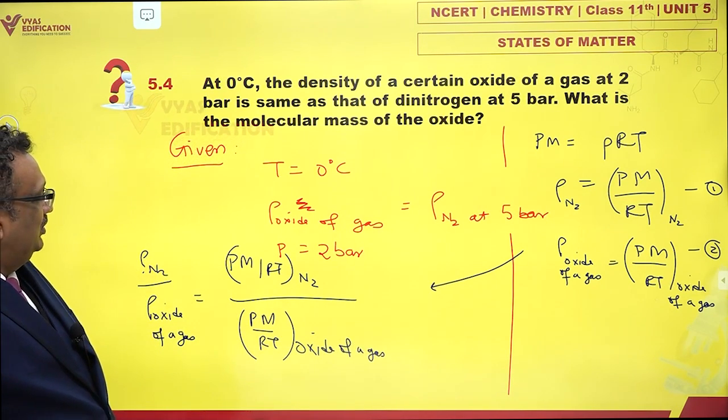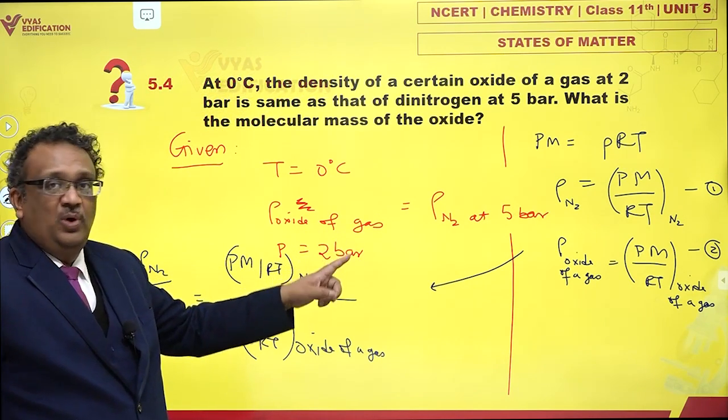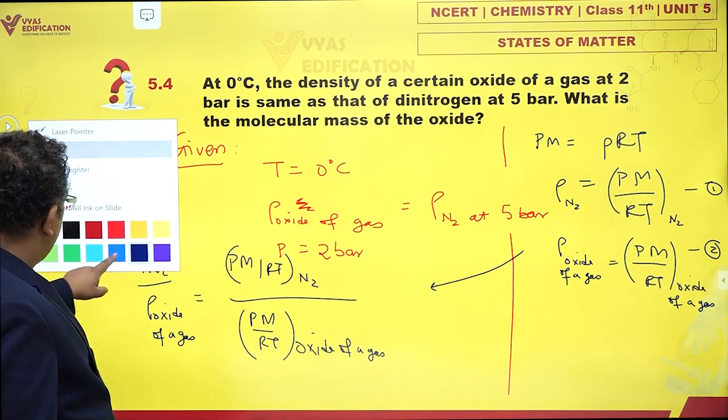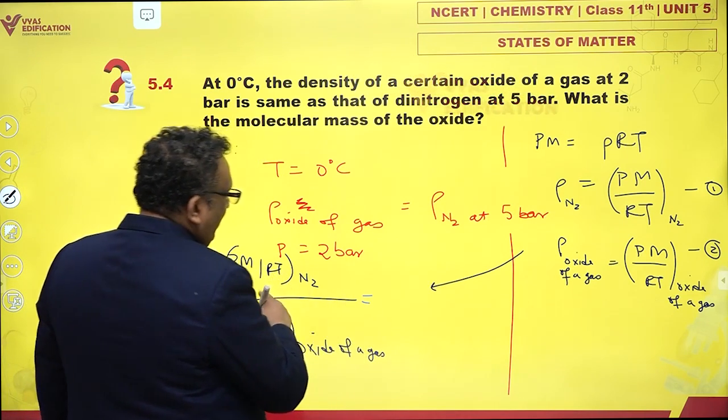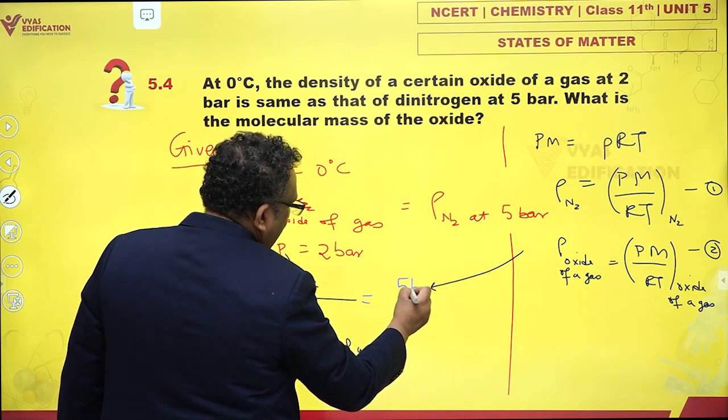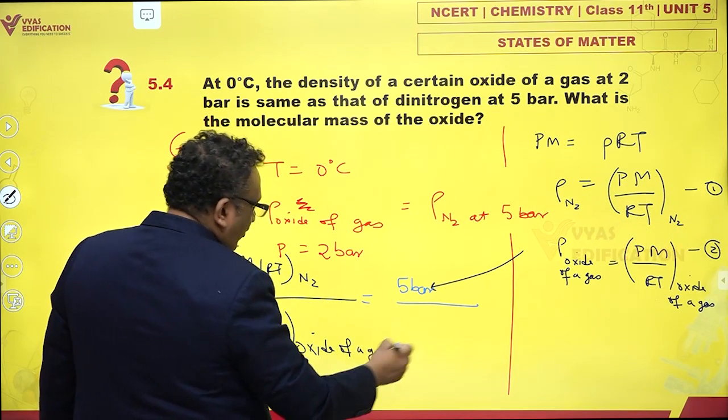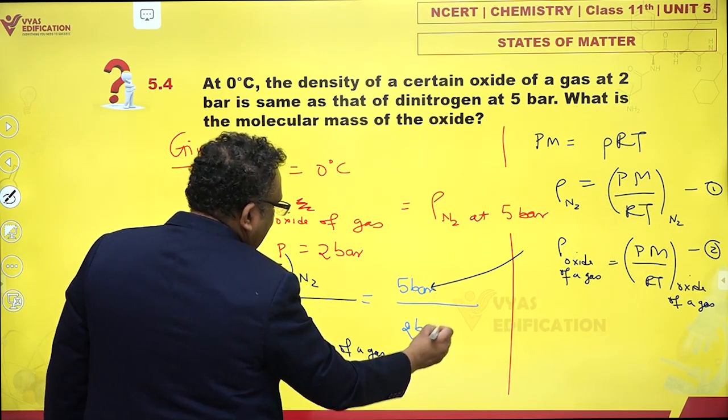Now, do I know anything about them? I know about their pressures, 2 and 5 bar. Now, I must substitute. So, pressure of nitrogen is 5 bar. Pressure of oxide of gas is 2 bar. That much I know.